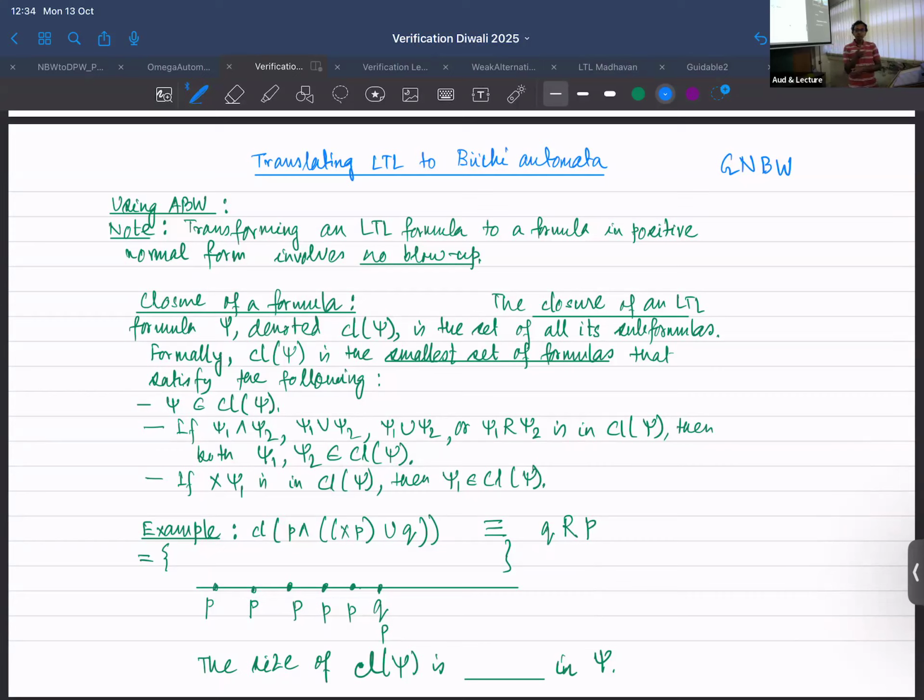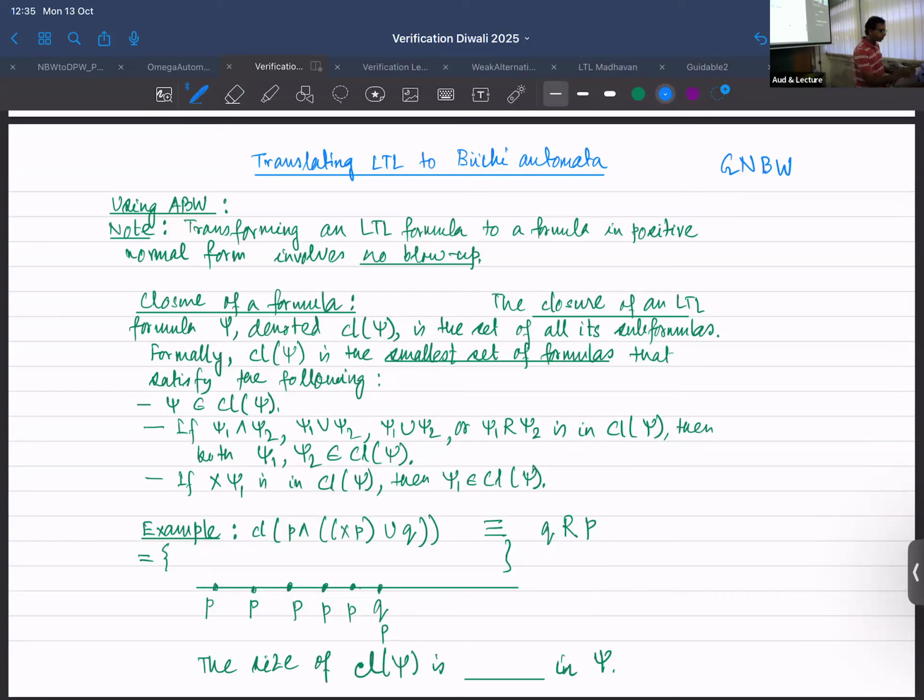But before we get into that, we will first look at an easier construction using alternating Büchi word automata, given that we have now studied alternating automata. Then we'll look at the construction which produces a generalized Büchi automaton, and we'll look at its correctness and all those things in detail.